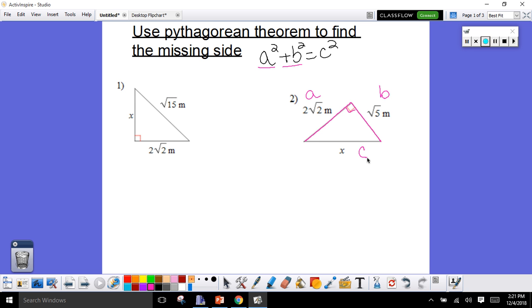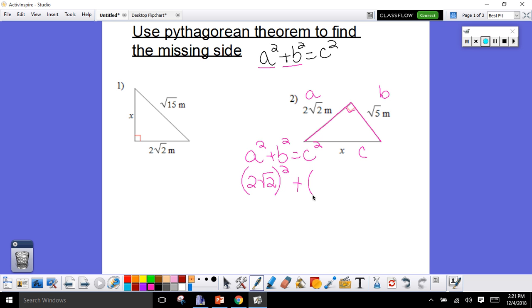touch the 90-degree angle. Now I'm going to substitute what I have into my formula. So I have A squared plus B squared equals C squared. Instead of the A, I'm going to use 2 on the square root of 2. Always square, do not forget that, please.